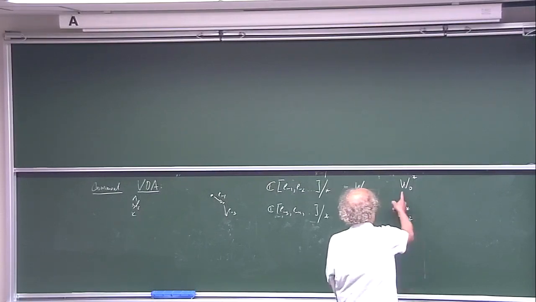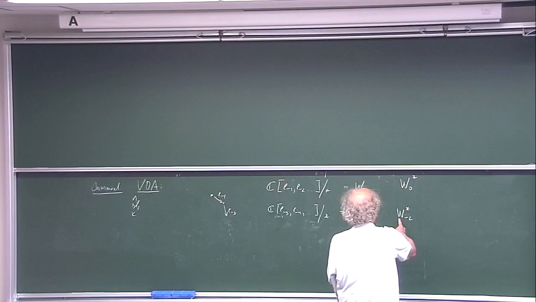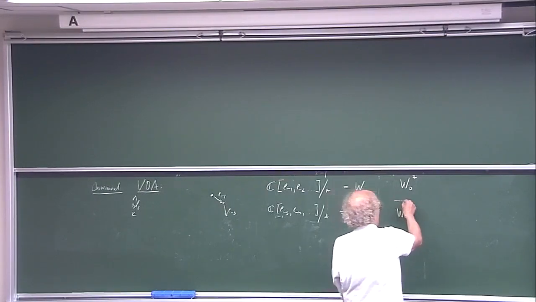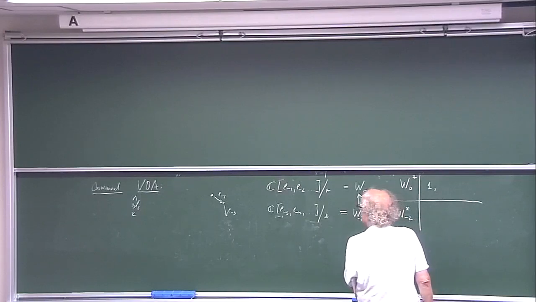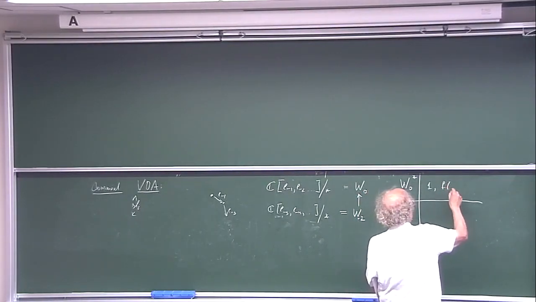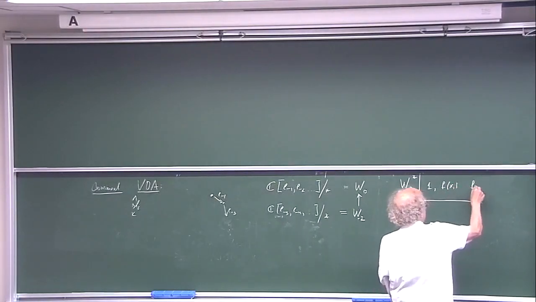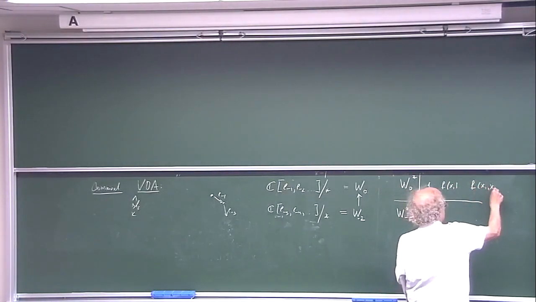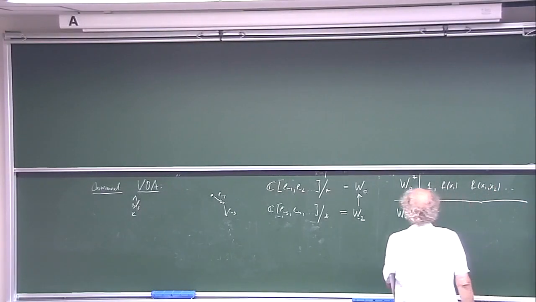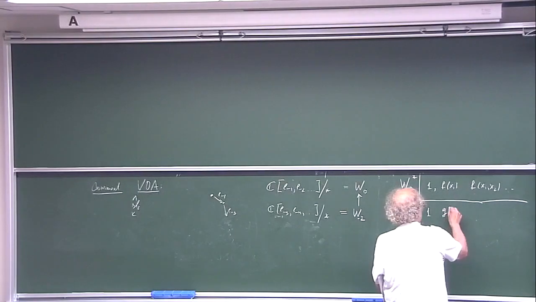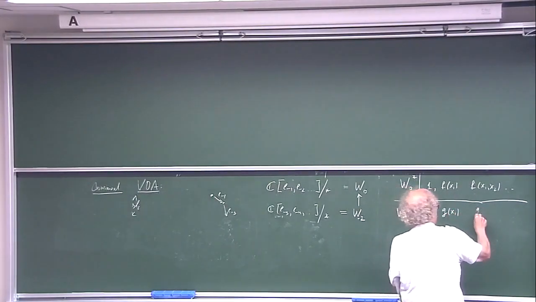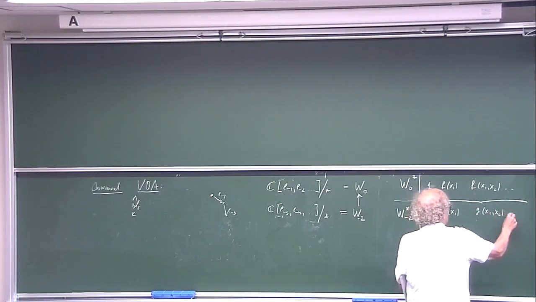How is it going? The way is more or less clear. What do we have here? We have 1, and we have a function in 1 variable. We have a function in 2 variables, and so on. And here we also have 1, a function in 1 variable, a function in 2 variables, and so on.